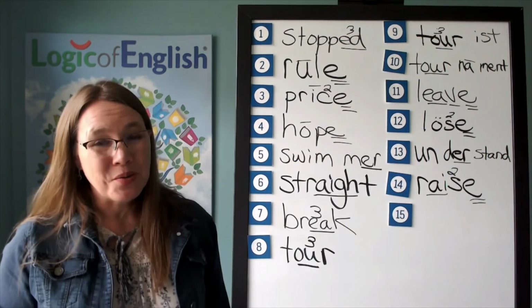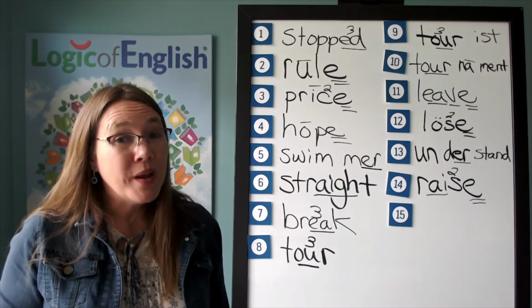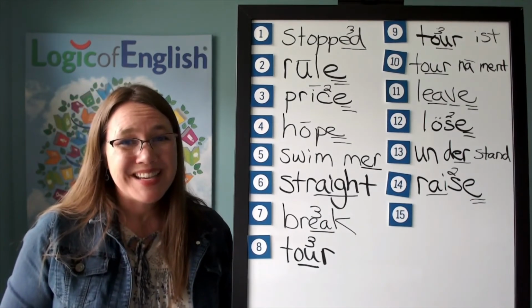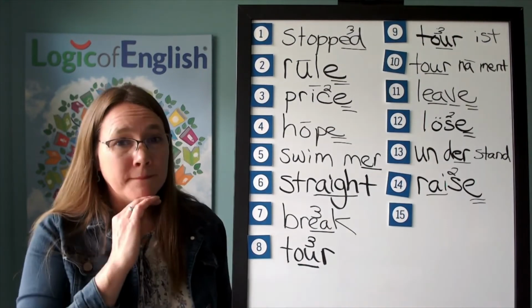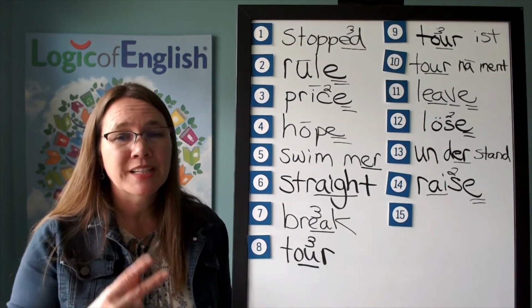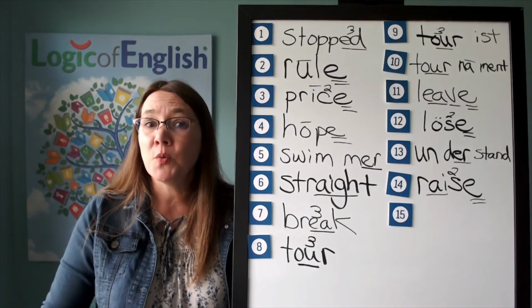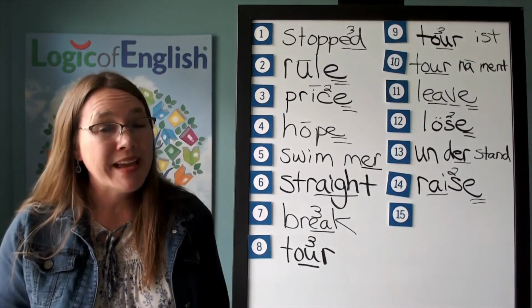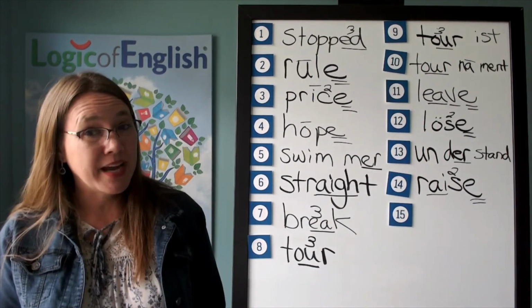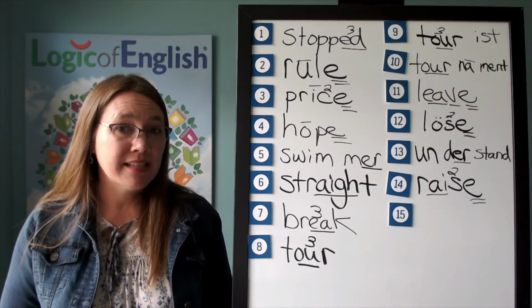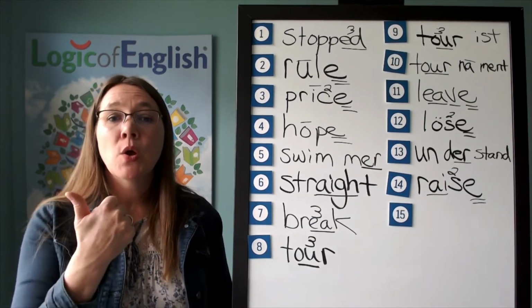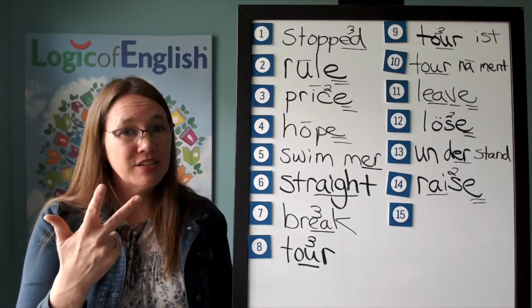The last word is winner. I wonder who the winner will be. Go ahead and say winner. How many syllables in winner? 2. Now, what is the root word of winner? It's win. And what suffix are we adding? We're adding er. Let's go ahead and sound out win first. W-I-N.